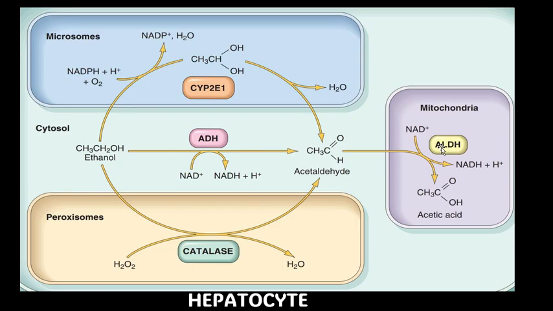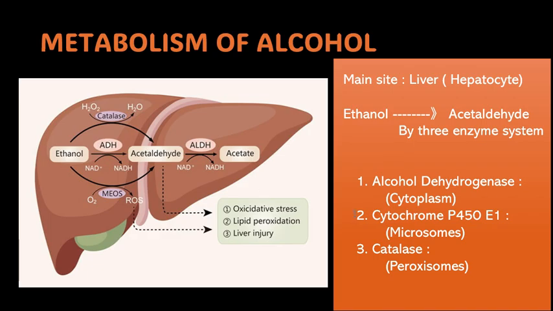But we have an alternate enzyme system which will help in the metabolism of alcohol. That is present in the microsome and in the peroxisome. Let's see what that is. We have three enzyme systems for the conversion of ethanol to acetaldehyde.